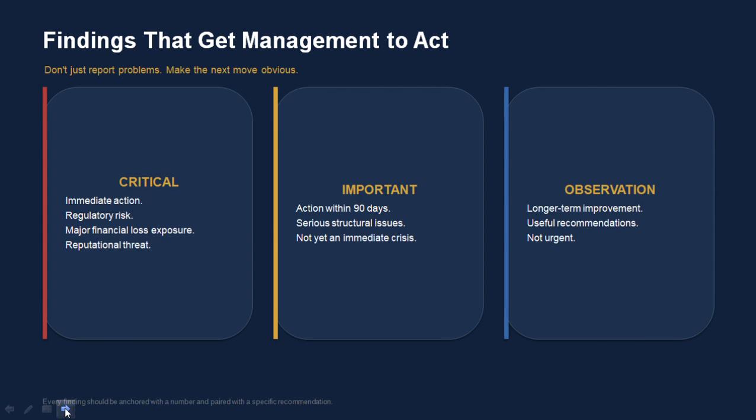Serious structural issues must be addressed, though not yet an immediate crisis. So the observations stage will look at longer-term improvement and useful recommendations, not urgent but careful, so that it will not hurt but help. So the audit has a lot to do.